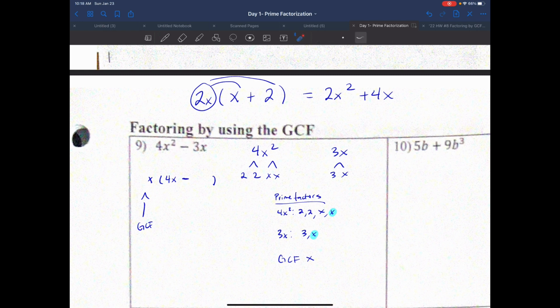And for this 3x here, what I didn't use, I'm going to put over here. So I have x times the quantity 4x minus 3. This is now factored, and this is my answer. We can confirm that x times 4x is 4x squared, and x times negative 3 is negative 3x. Okay?